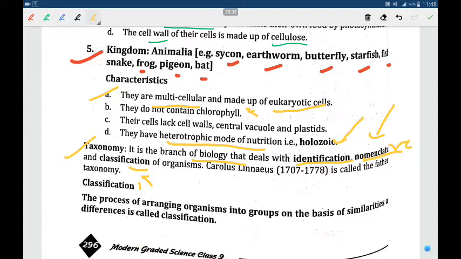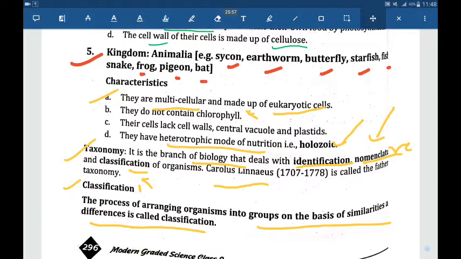And I said earlier, Carolus Linnaeus is called father of taxonomy.